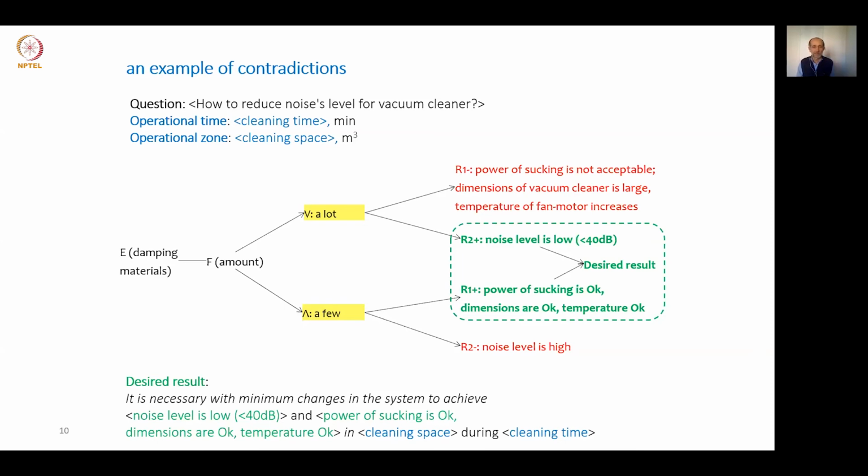So the representation of the question how to reduce noise level for a vacuum cleaner in the shape of a contradiction gives us a key to understand the problem more profoundly. And what is also important, when we build a contradiction for each question, for each perceived problem, we can interconnect them into a map. And this map can help us to answer the questions through the phenomenon that when problems are interconnected, we have a systemic view of those problems.